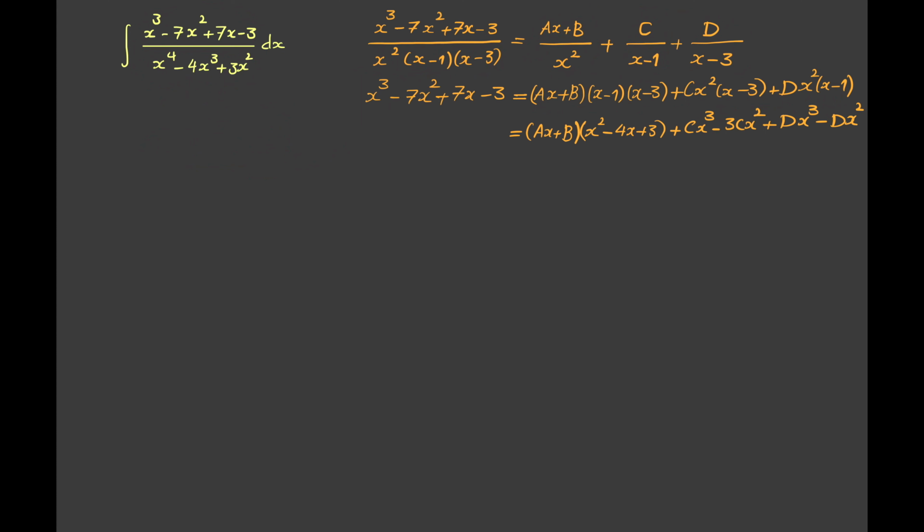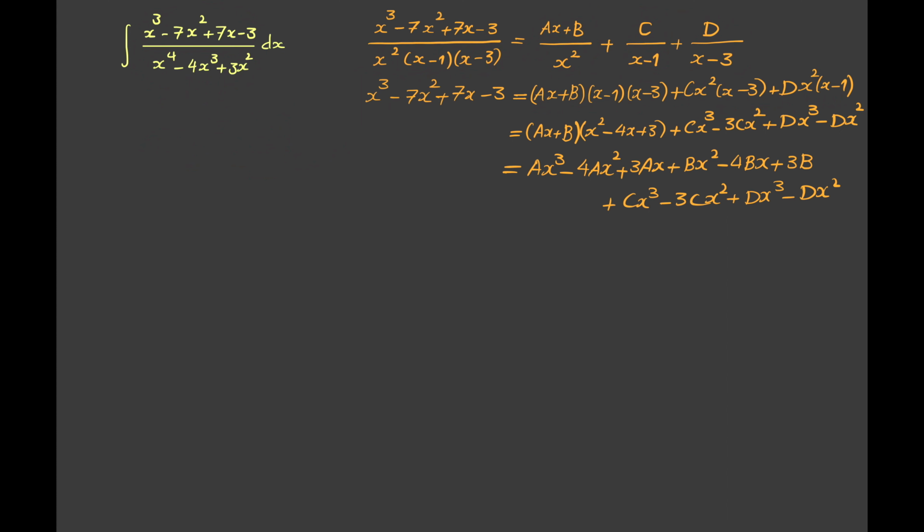Okay, I have to multiply this once more, so this becomes ax cubed minus 4ax squared, and then plus 3ax. And then I have plus bx squared minus 4bx plus 3b, and then plus cx cubed minus 3cx squared plus dx cubed minus dx squared.